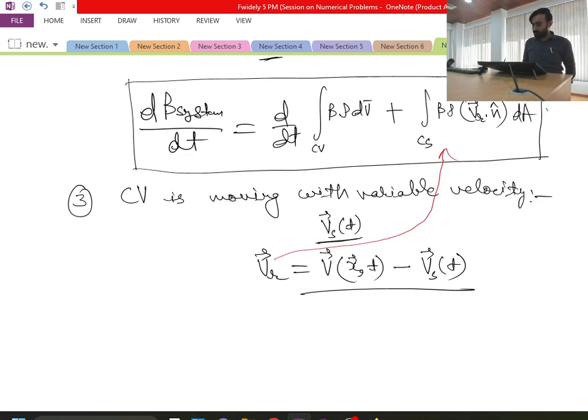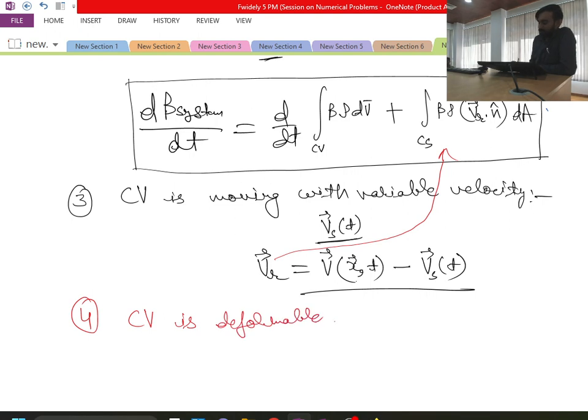Then the final situation. What will be the final situation? This is the most generic one. The control volume is deformable as well as having variable velocity. Of course, if it is deformable, it will be having variable velocity. It need not be specified. So in this situation, Vs will also depend upon the position of the control surface, because different portions of the control surface can deform with different values.